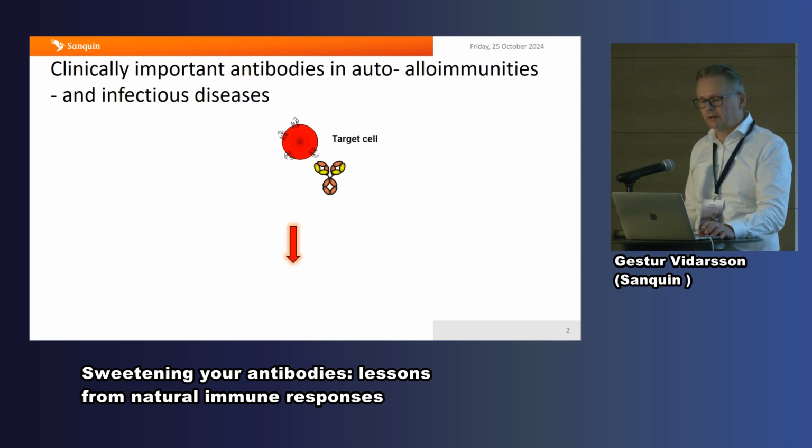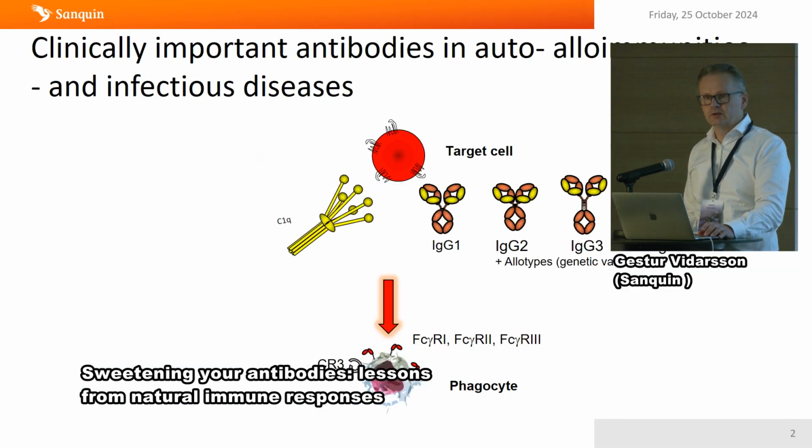What I'm going to talk about is IgG responses, which you know occur in different subclasses. They're really important for the effector functions of these antibodies, and of course, depending on the subclass, they interact differently with the Fc gamma receptors of myeloid cells and NK cells, but also differently with complement. We all know this is really important for their effector functions.